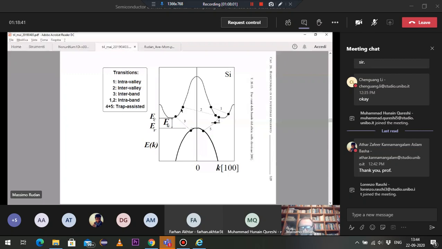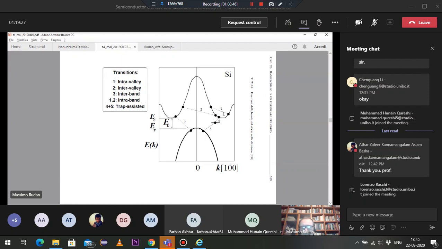Another method instead for classifying the transitions consists in observing where the initial and final states are, okay? And this is what is made in this figure, okay? So these dotted lines, like this one or this one or this one, etc., describe transition from an initial state to a final state. It does not really matter which state is the initial one and which is the final one, okay? It is important to consider the transition, okay?